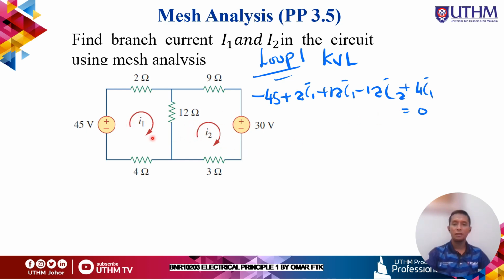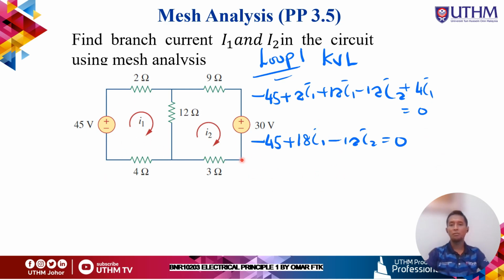And then finally we see the 4 ohm resistor, plus 4 I1 again. And this is all equal to 0. Okay, so from this we then proceed with the second loop, but for the first loop we have to simplify first.